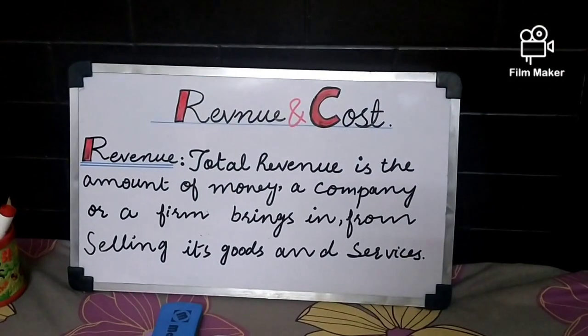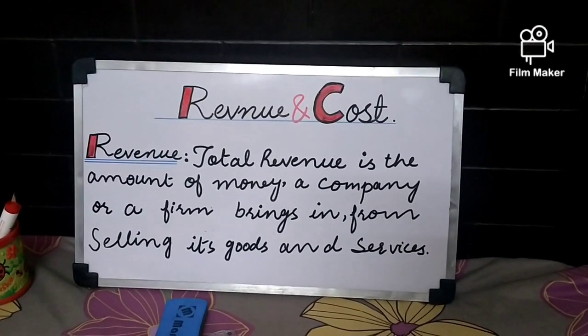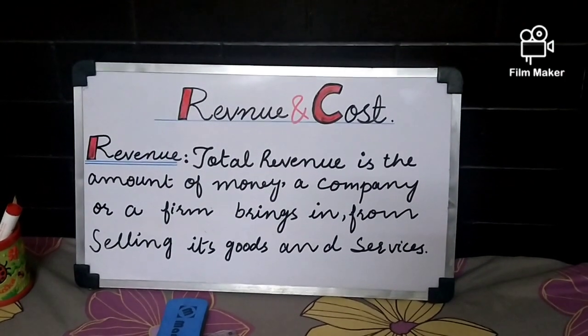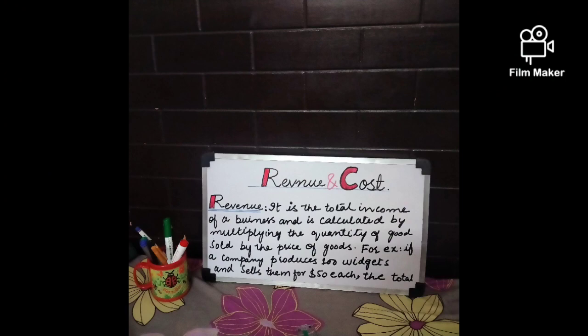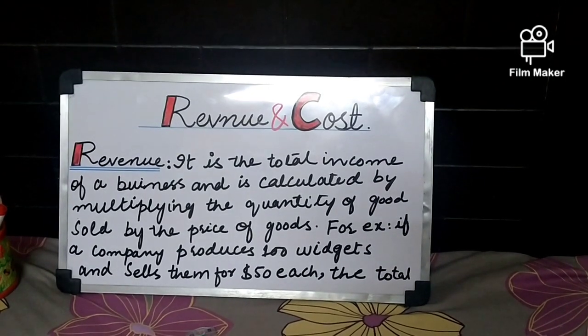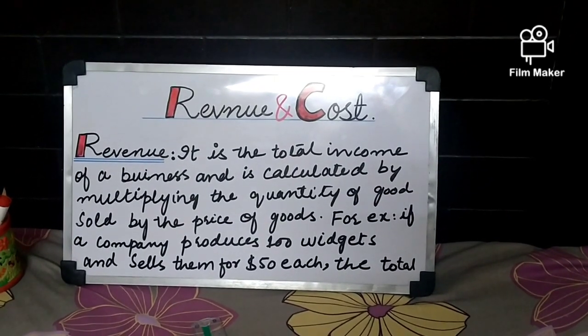First of all, what is revenue? Total revenue is the amount of the money a company or a firm brings in from selling its goods and services. It is the total income of a business and is calculated by multiplying the quantity of goods sold by the price of the goods.